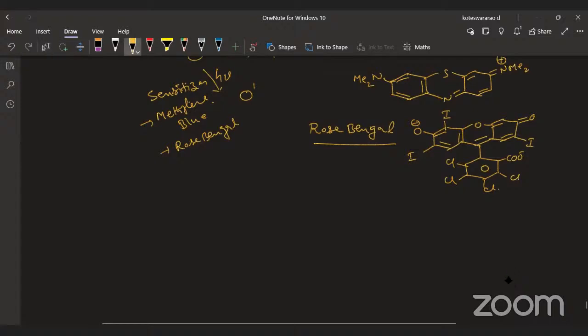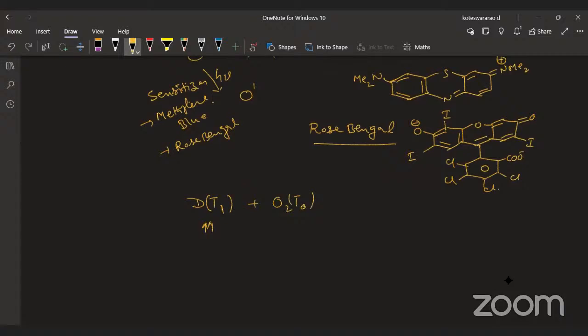What is the mechanism involved in the conversion of triplet oxygen to singlet oxygen? A donor. The donor here is methylene blue or rose Bengal. It has a triplet energy state, and oxygen is already in a triplet state.